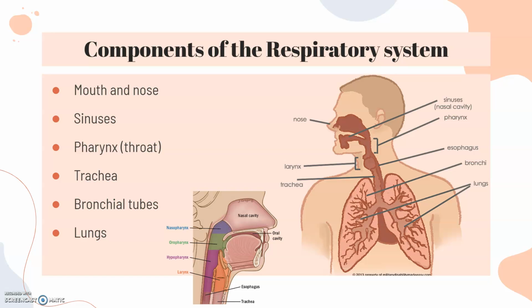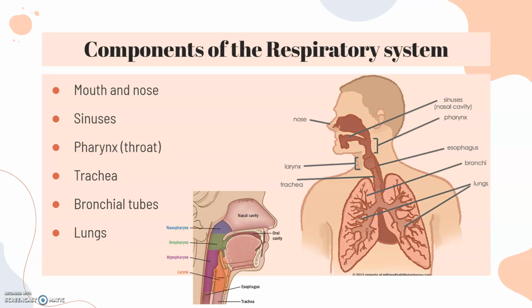And there are various components in the respiratory system, and each one has its own functions. For example, the mouth and the nose are openings that pull air from outside the body into the respiratory system. The sinuses are hollow areas between the bones of the head that help regulate the temperature and humidity levels of the air when it comes inside our body.